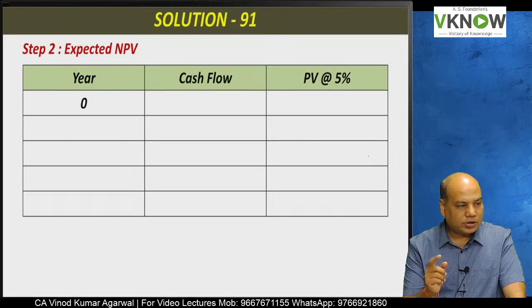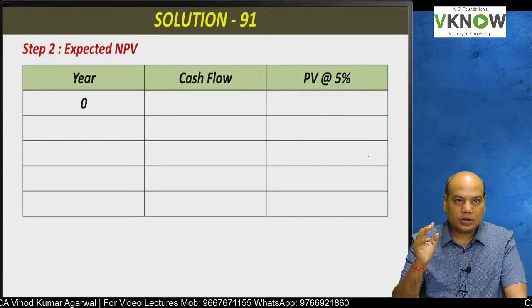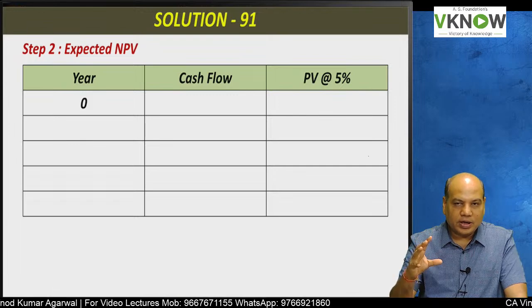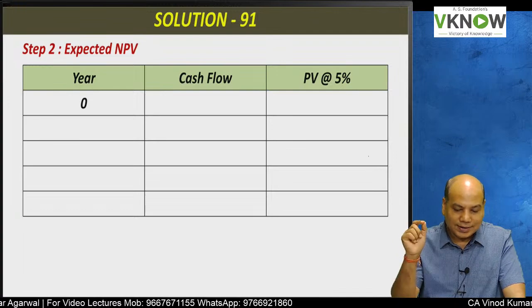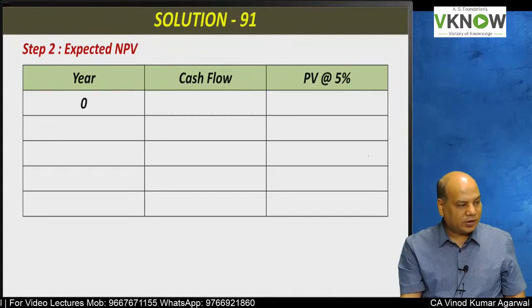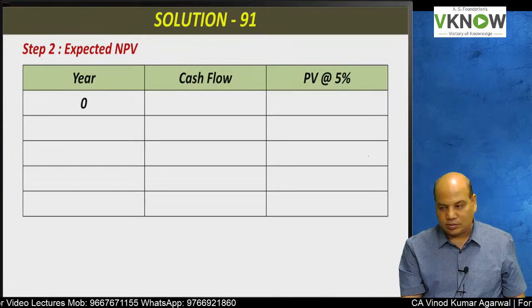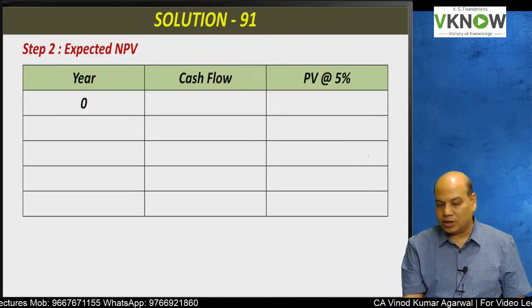We are solving question number 91, a very important question. This has both dependent and independent cash flow assumptions in the same problem. Sajid is right, 35, 15, you are right. Very good.